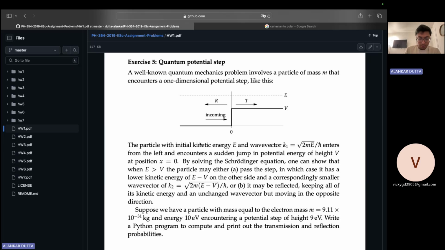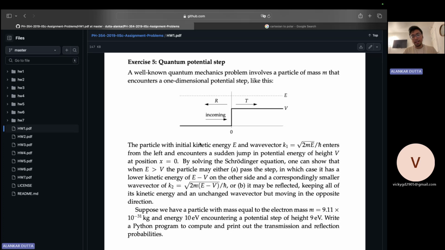Like waves in a swimming pool, for example, if there is a bump somewhere, part of the wave flows above that bump, depending on the size of the bump. If the wave has a lot of energy, then part of it is reflected by the bump, while part of the wave flows over the bump and goes to the other side.